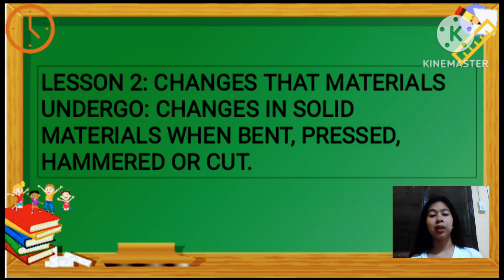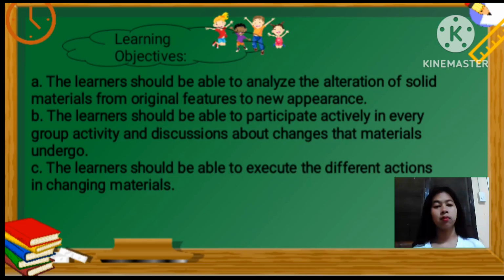So let's proceed to our new topic, which is connected to our last topic, which is changes that materials undergo. Changes in solid materials when bent, pressed, hammered, or cut. In this lesson, the objectives we're going to attain are: letter A, the learner should be able to analyze the alteration of solid materials from original features to new appearance.